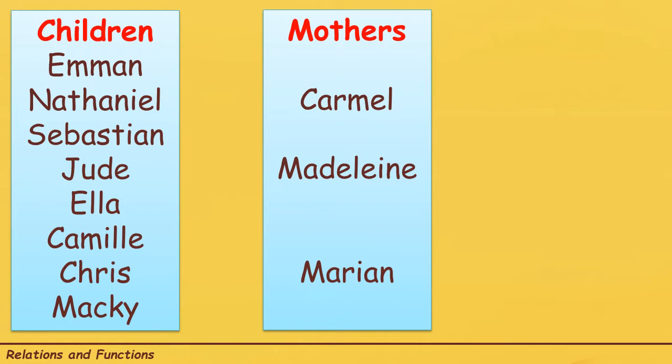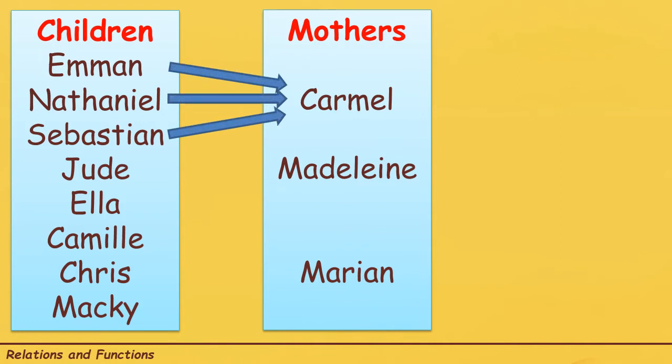Sa pangalawa naman is mothers. Ang mga mothers sa ating blood relations ay sila Carmel, Madeline, at Marian. Para ipakita natin ito as a mapping or mapping diagram, we will connect them just like this.